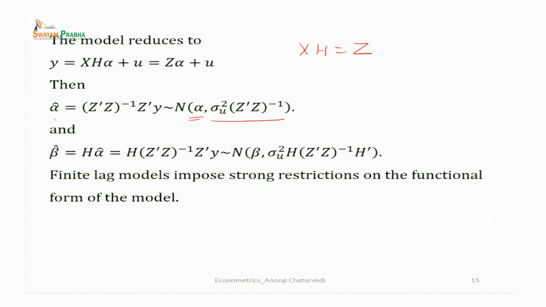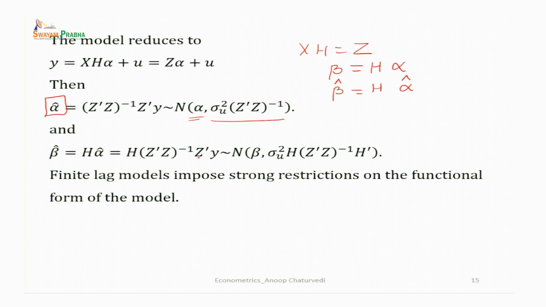Now, using this OLS estimator of alpha, you can easily estimate beta also, because the relation between beta and alpha is beta equal to h alpha. So, you estimate beta as beta hat equal to h alpha hat, and then alpha hat is equal to h into z transpose z inverse z transpose y.